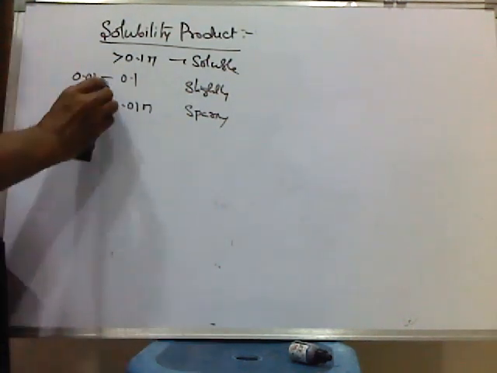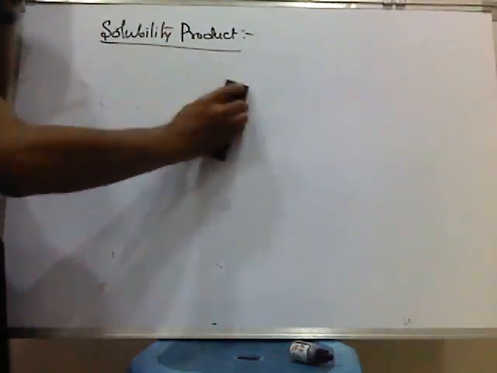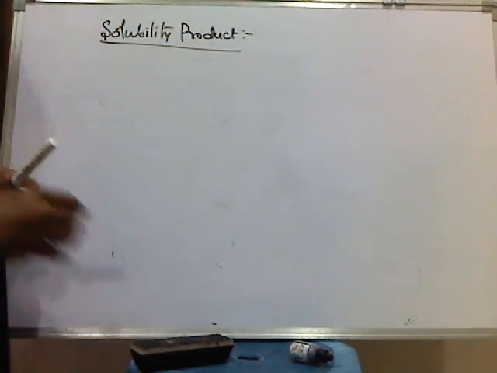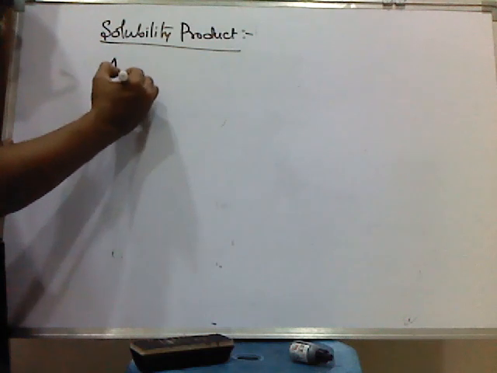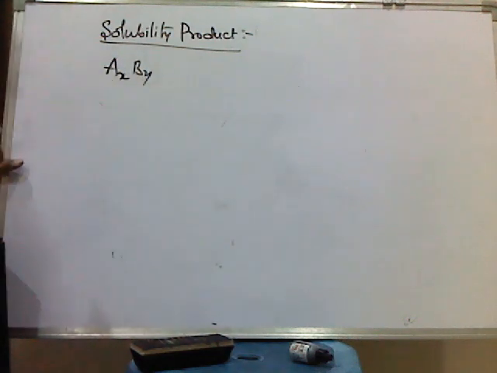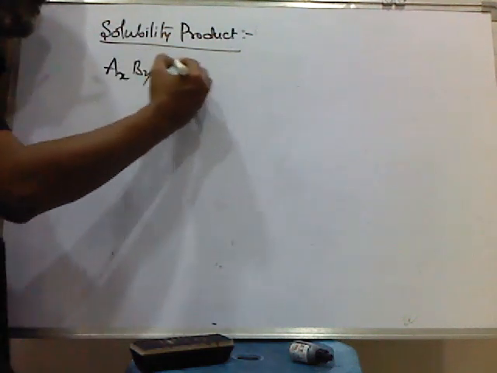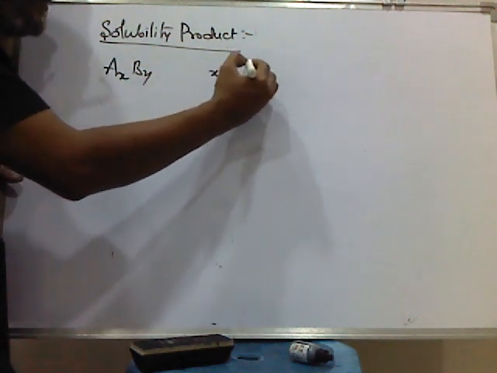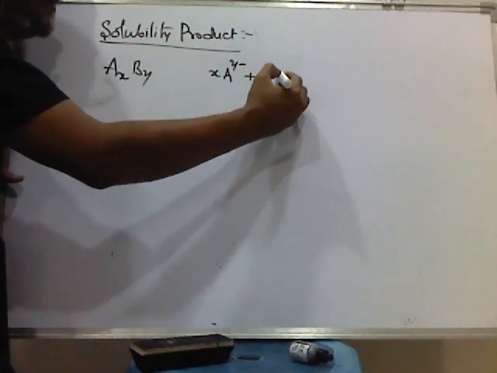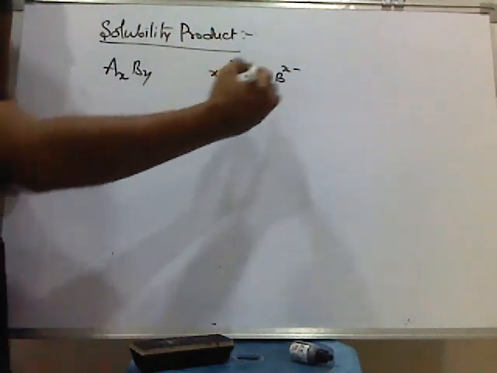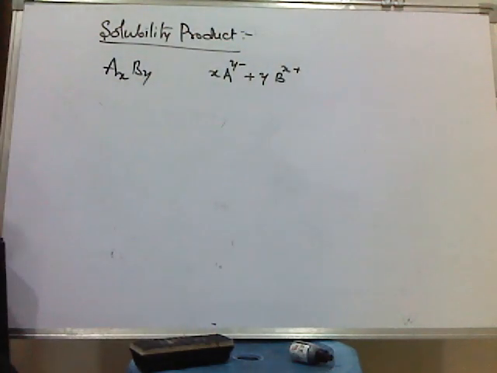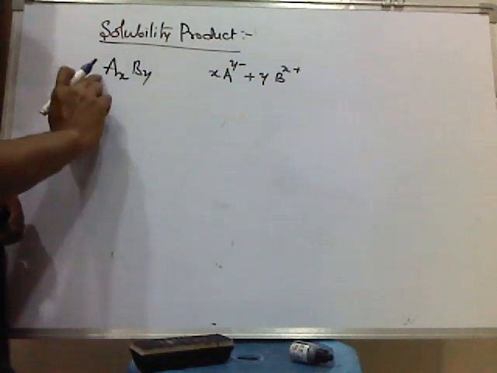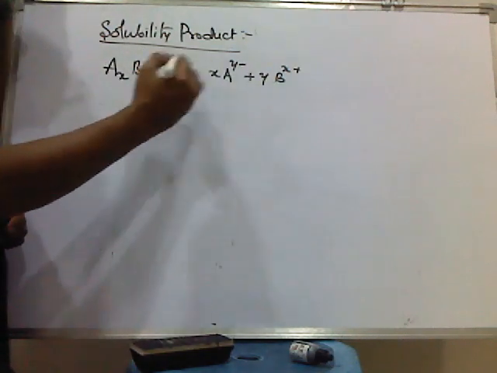Now let us consider a sparingly soluble salt such as AxBy, which on dissociation gives x A^(y+) plus y B^(x-). This is the undissociated form, and this is the dissociated form.